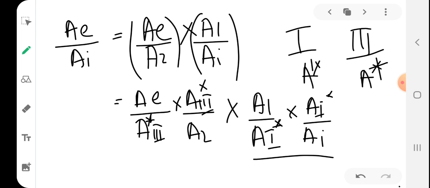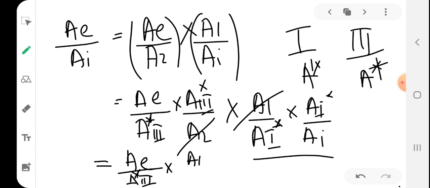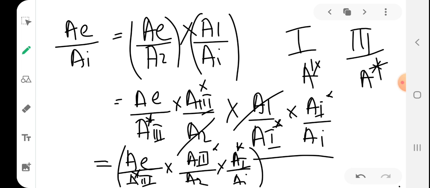Have a look at this equation. Here A2 and A1 are the same, so you can cancel them. The equation reduces to three terms.